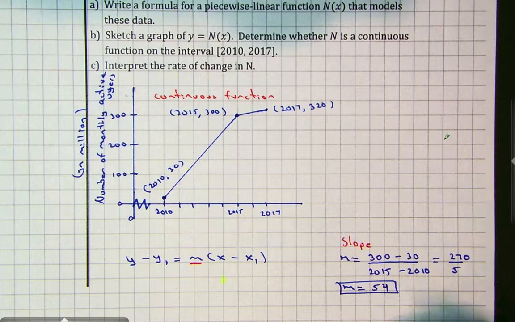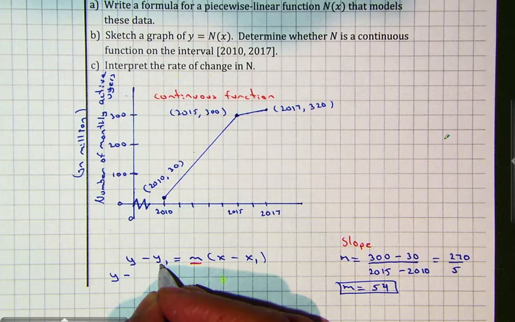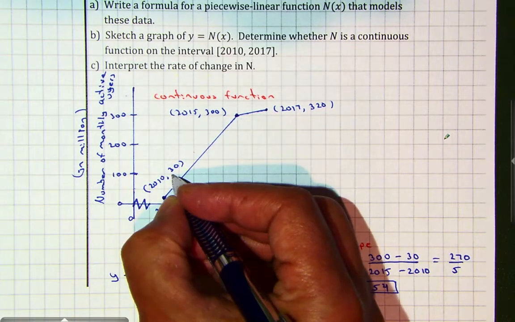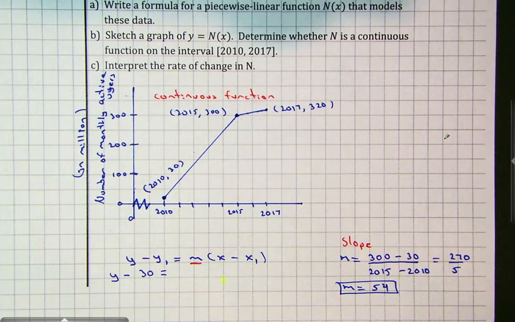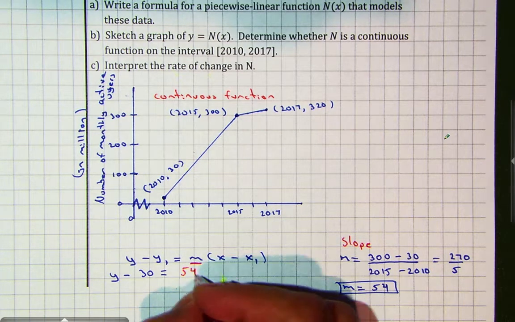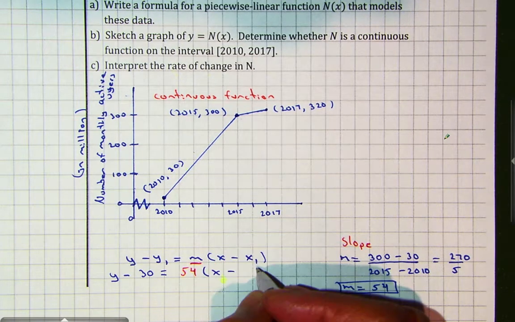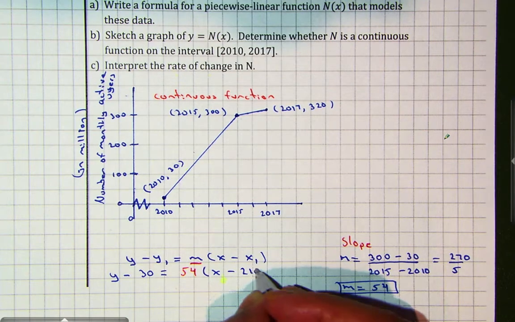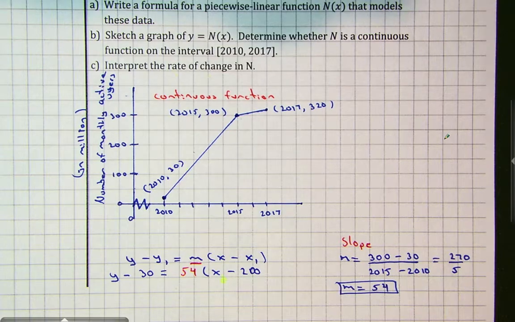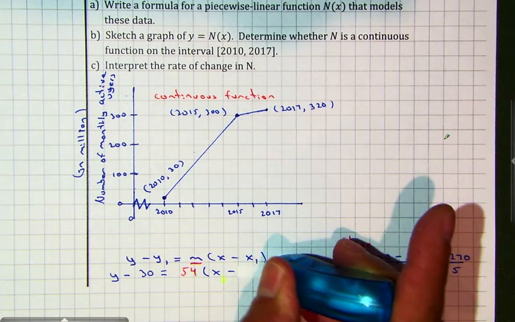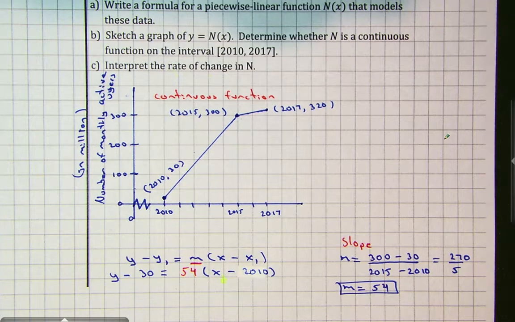So now I can use my equation. y minus y1, which is 30, I'm just going to use my first point, equals my slope, which is 54, times x minus x1, which is 2010. And now I can just solve for y.